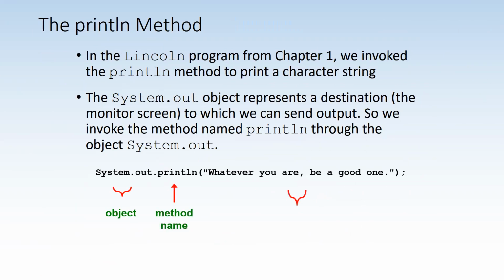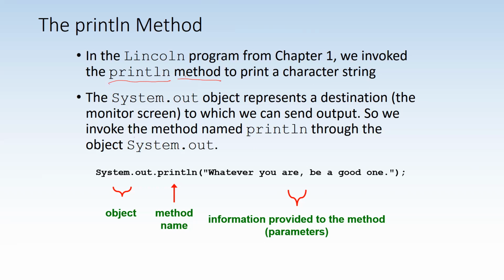Let's look at the printline method. Some of you may read it as println. I read it as printline, so it doesn't matter as long as you know how to spell it. From chapter 1, we saw how println is used, right? This is a method. A method is a tool.